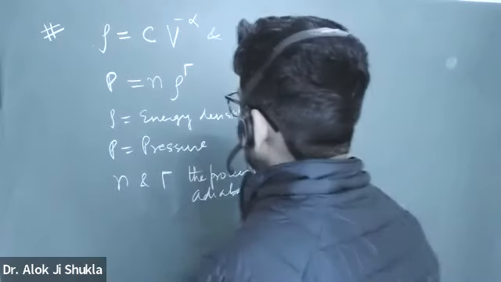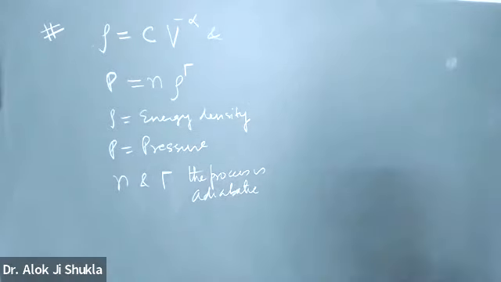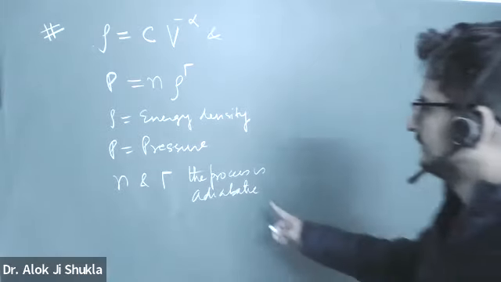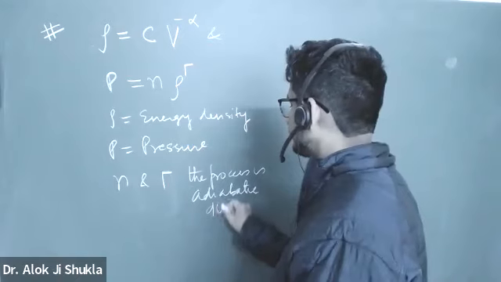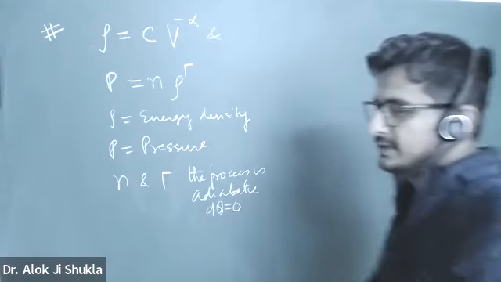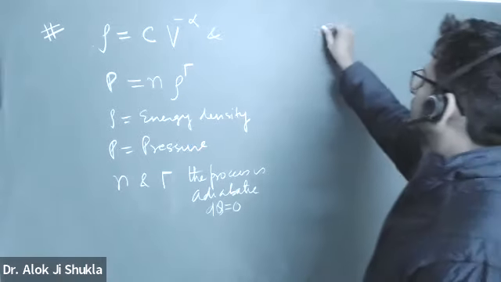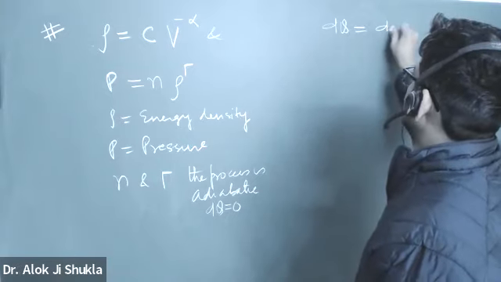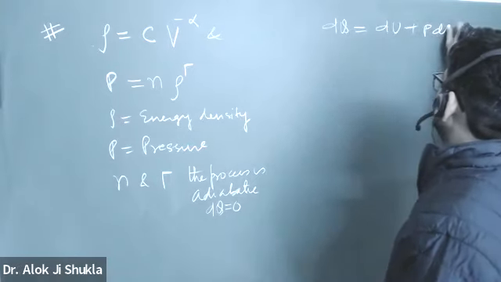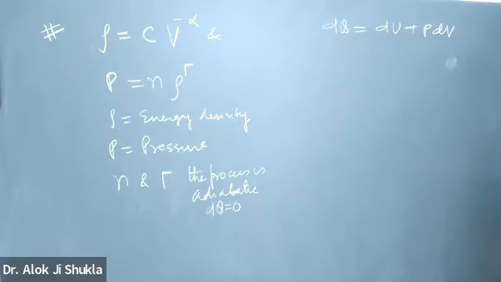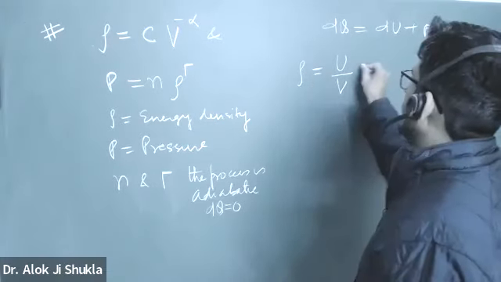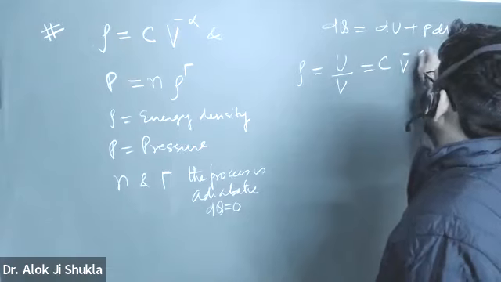Yes, sir. So the first thing is that we have to think about adiabatic process. And you know what is adiabatic process? dq is 0. Yes or no? Yes, sir. So the first equation is dq is equal to du plus P dV. Energy density, so U by V is rho, and that is equal to C V to the power minus alpha.